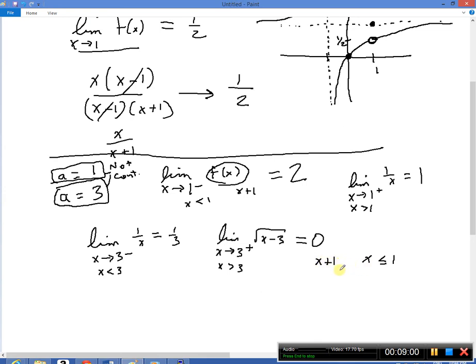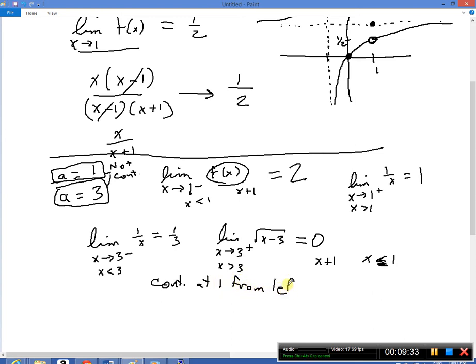So what that means is that as x gets close to 1 from the left, which is what we have here, the y value is 2, or the limit is 2, but the y value is 2 also because for x equal to 1, you're allowed to plug in 1 and you get 1 plus 1 is 2. So the limit of 2 matches the value of the function at 1. So this function is continuous at 1 from the left.